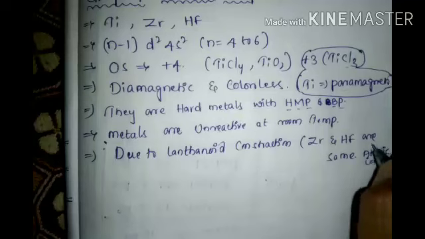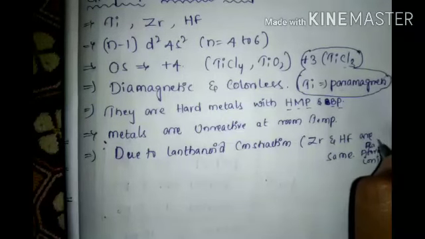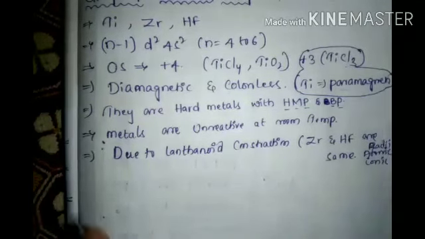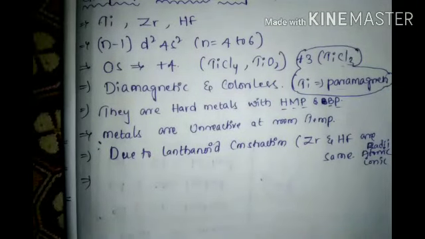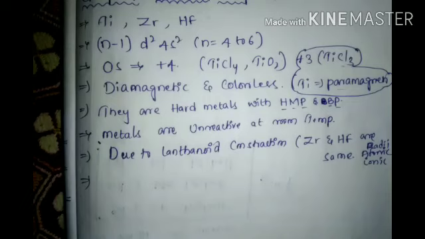Atomic and ionic radii. Okay, this is a very important point. They occur together in minerals.